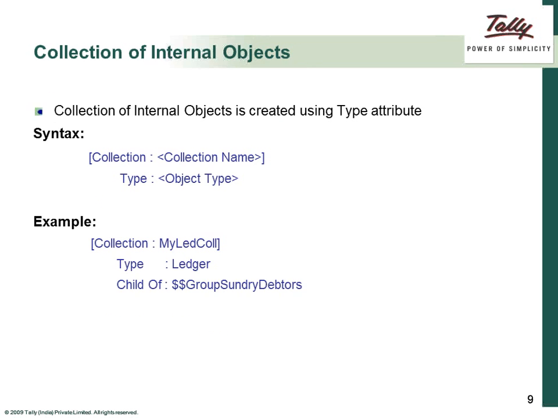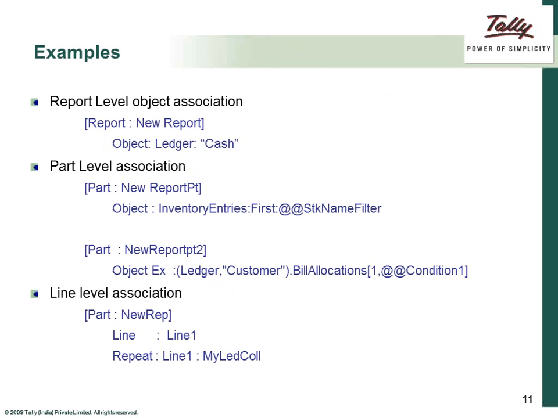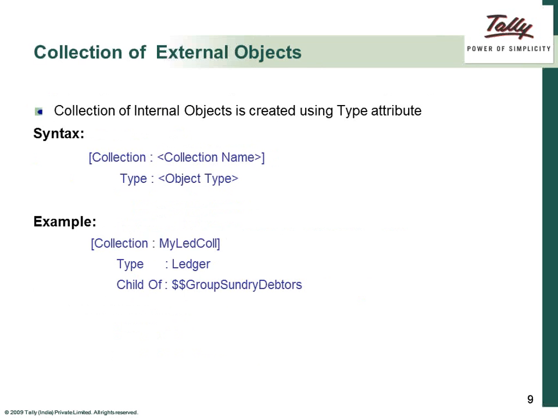Fine. So internal, external. So internal objects will be identified with the attribute called type. We already saw we have used type as a variable, but that indicates the data type. However, the type at collection indicates the object data type and not the value data type.